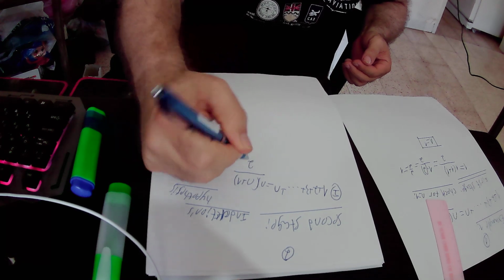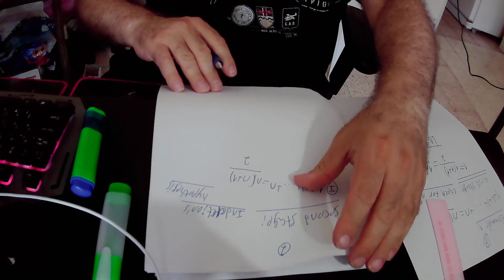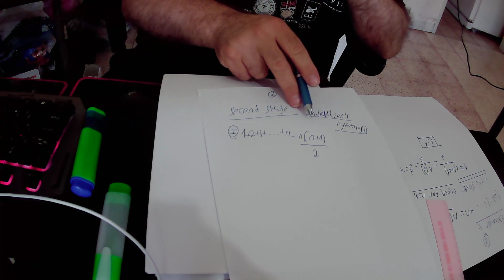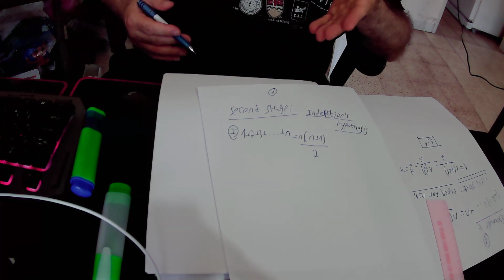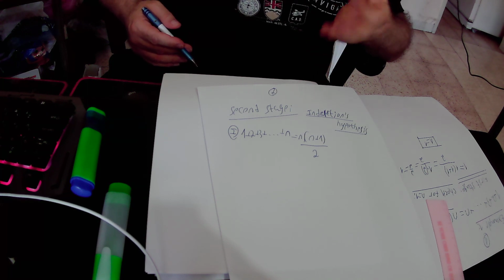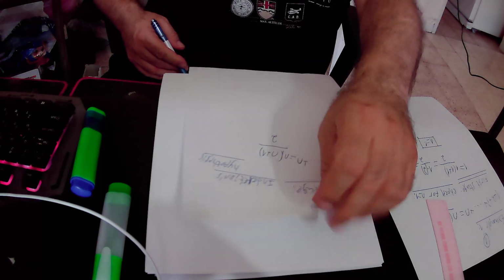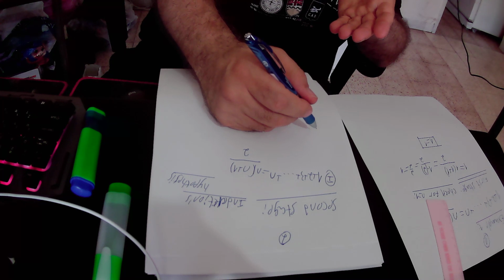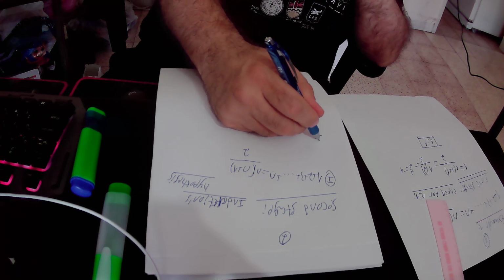So this is the induction's hypothesis, or the induction's assumption. We assume that the statement is true for n, and when we rely on that assumption, we will prove that the statement is true for n plus 1.